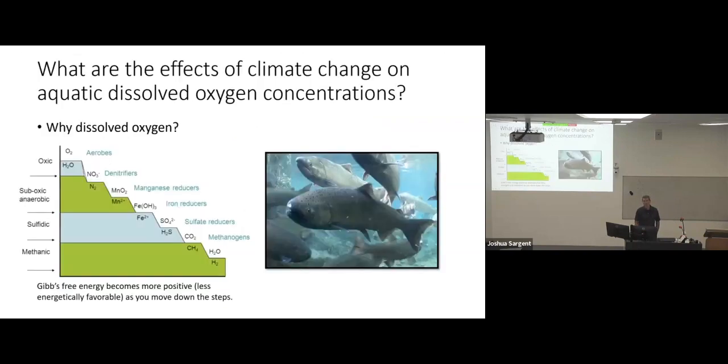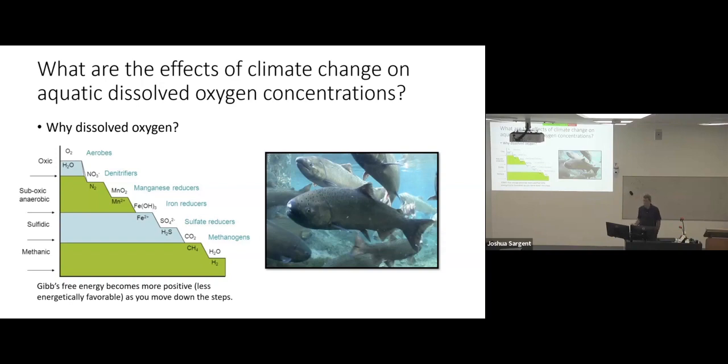One of our first questions that we started asking in 2016 was, okay, with lakes warming, what's going to be the effect on the chemistry and biology of these systems, specifically thinking about dissolved oxygen dynamics? What are the effects of climate change on aquatic dissolved oxygen concentrations? Why dissolved oxygen? We know that if you lose oxygen, you undergo this redox ladder where you lose your aerobic metabolizers first, and then you move down with the end stage being methanogenesis.